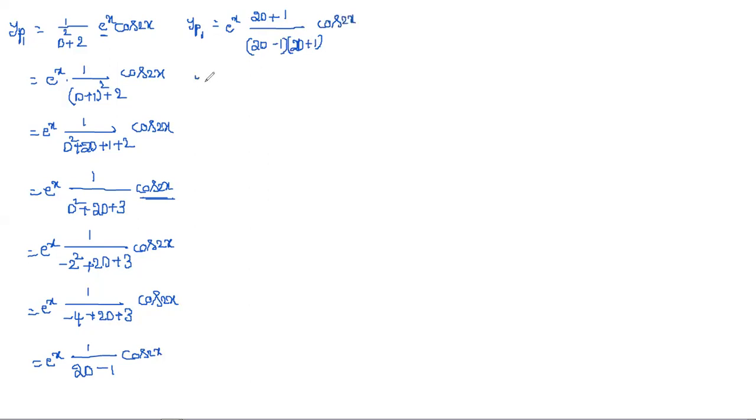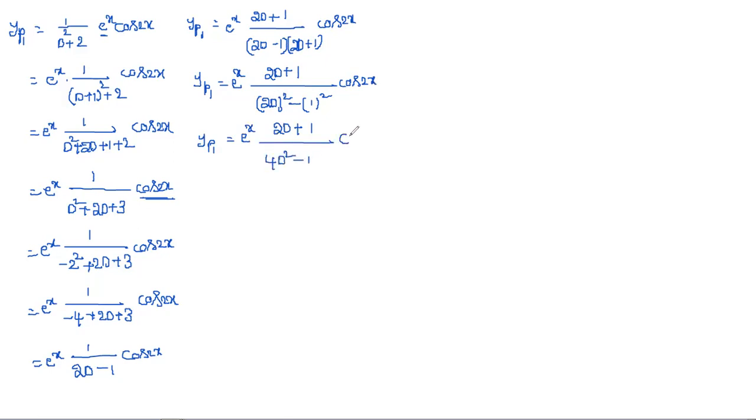Then yp1 is e power x into the numerator 2D plus 1 by, here it is a minus b into a plus b, so we can write a square minus b square, into cos 2x. Then 2D whole square is 4D square minus 1 into cos 2x.